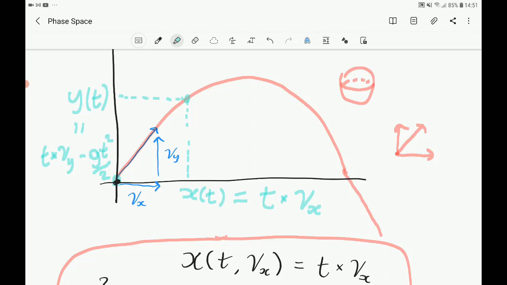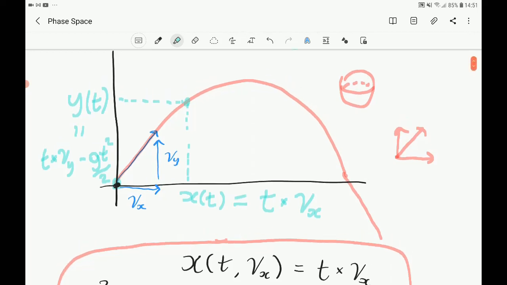But now I want to get into the area of trying to visualize what's going on. So we've already visualized the horizontal motion as a surface, and we can do something similar with the vertical motion. We can also think of that situation as a surface. Now we're going to have these two inputs, which are going to be the time and the initial vertical component of the velocity.